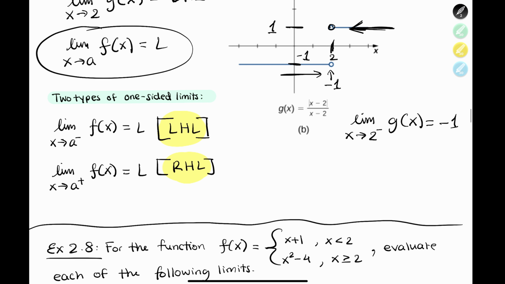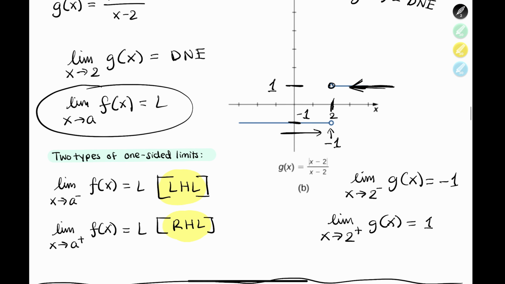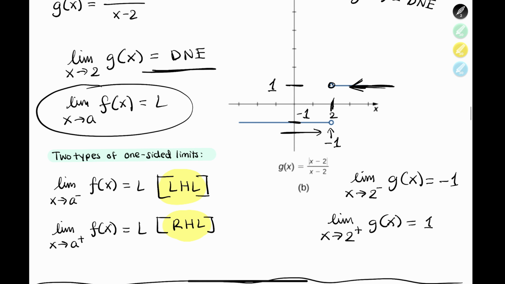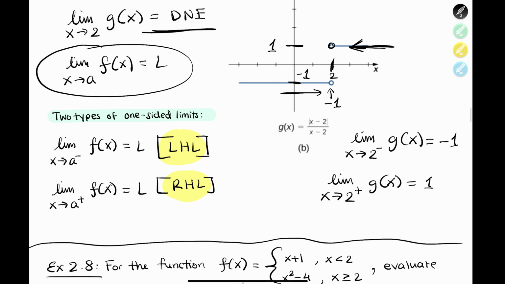So we say that the limit as x approaches 2 from the right-hand side, with this plus, of g of x is equal to 1. So although in this case the limit does not exist in general, we could find the real number values of the one-sided limits.